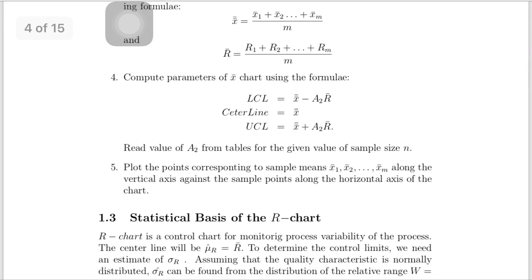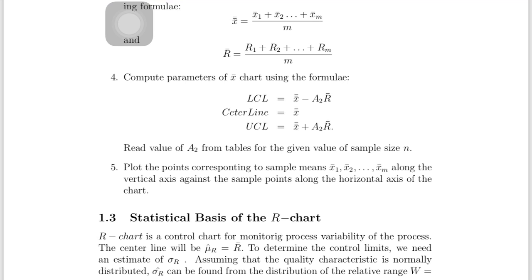LCL, center line, UCL, all these things are given, and you can read the value of A2 from the tables given, the value for the sample size, and you plot the corresponding points x1 bar, x2 bar, etc., xm bar along the vertical axis against the sample points along the horizontal axis of the control chart. Remember, a control chart contains 3 horizontal lines.